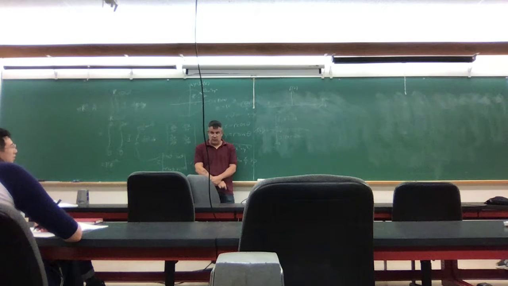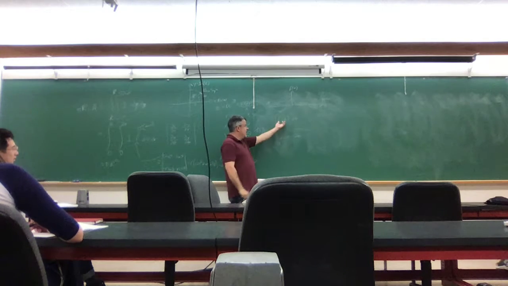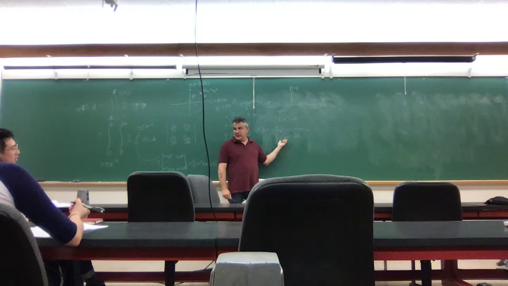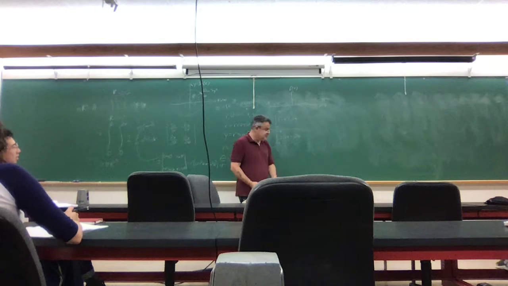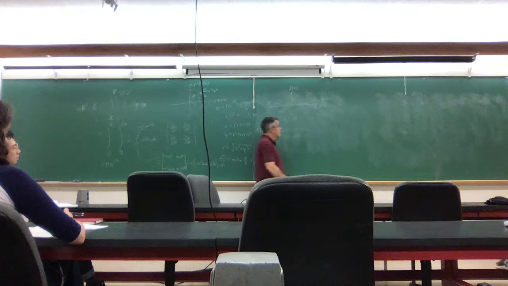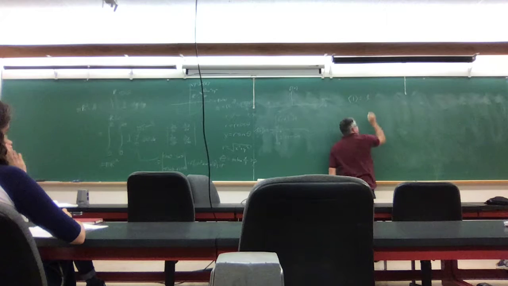Okay, everybody on board with all those pieces? So let's think about some functions we might be interested in integrating. Here we have 1. Here's the integral from minus pi to pi of 1, which is 2 pi, or the average of 1 is 1.